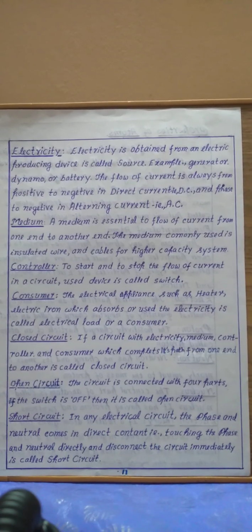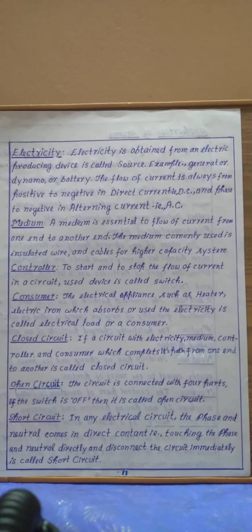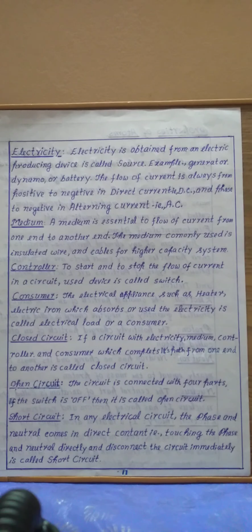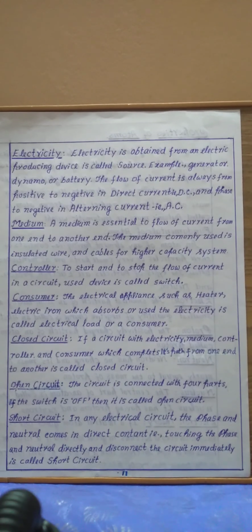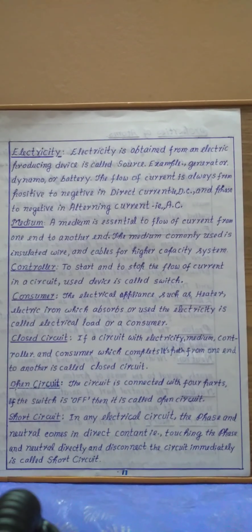That means the flow of current by the wire or cables is called the medium. Next one is controller. To start or stop the flow of current in a circuit, the device used is called a switch. It is called the controller. That means on-off controlling.